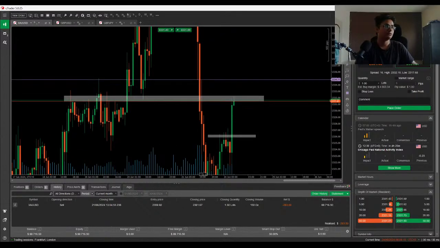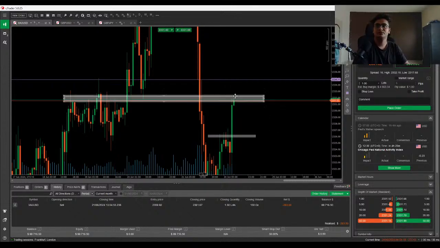So yeah, we are looking for a sell on gold. As this candle flips, I think I'll immediately take the sell, and we'll see how we do.